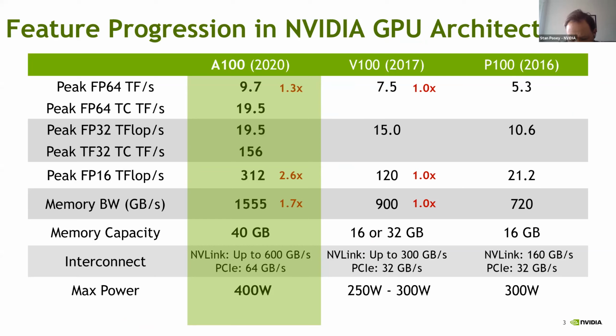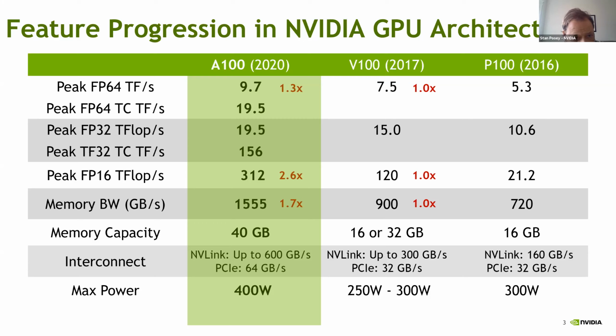All right, so looking at some of the comparison of features from previous architectures, I'm going to compare directly with the V100, which we introduced in 2017. The A100 was introduced a few months ago, and you can see some of the features there that are highlighted.